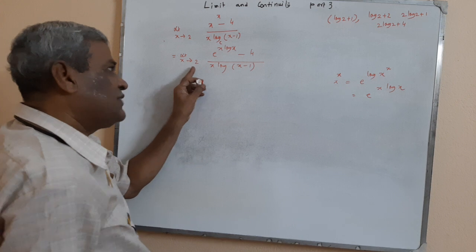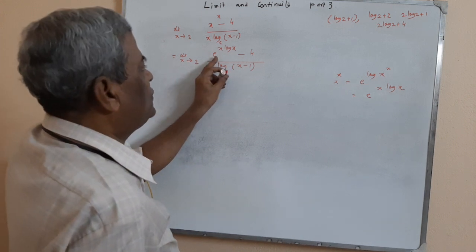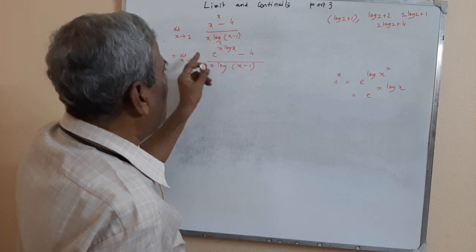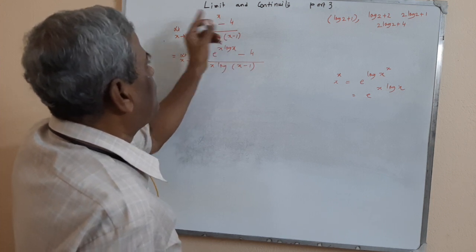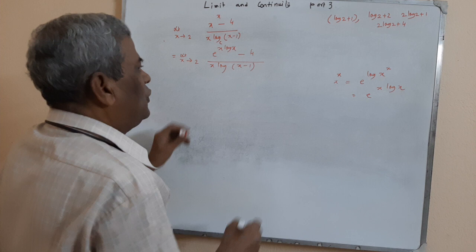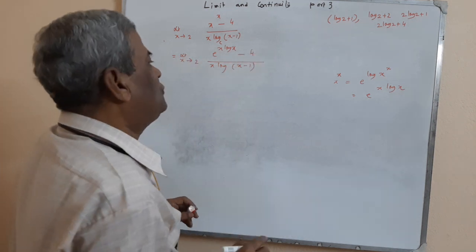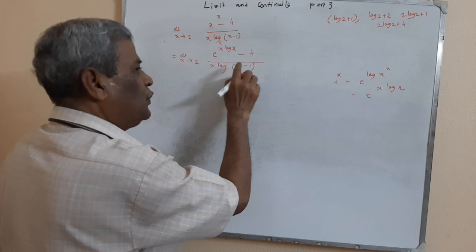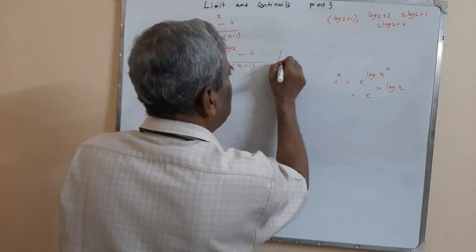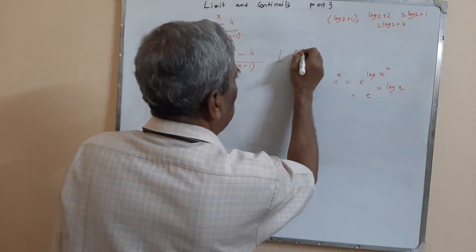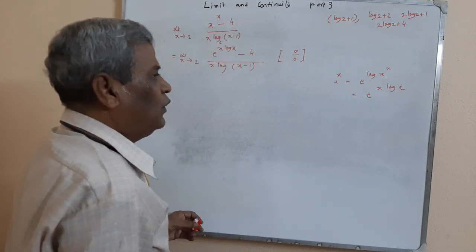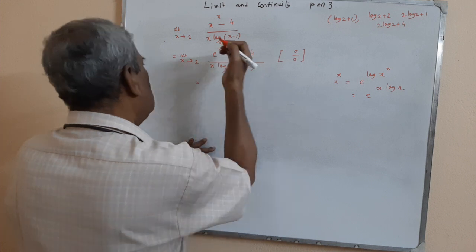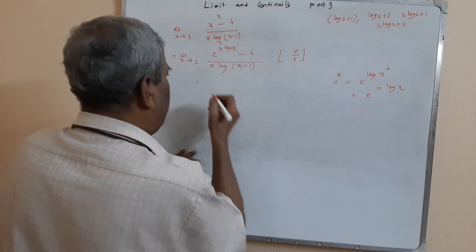Now by putting x equal to 2, actually it is 2 to the power 2, that is 4. 4 minus 4 is 0. This is 0 and log 1 is 0. So it is of the type 0 by 0 form, and we can apply L'Hospital rule. That is, we have to differentiate numerator and denominator separately.